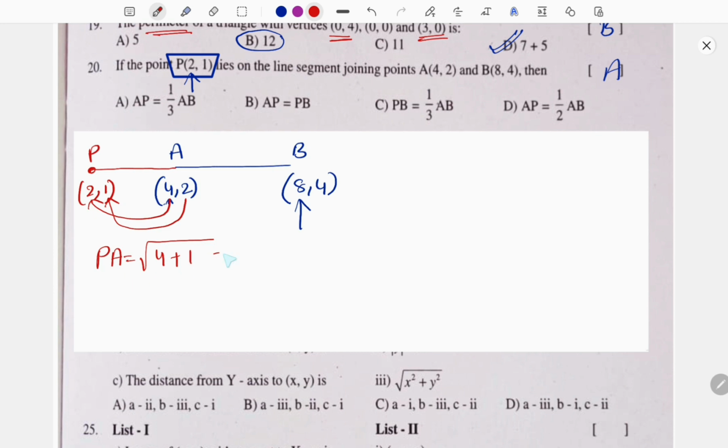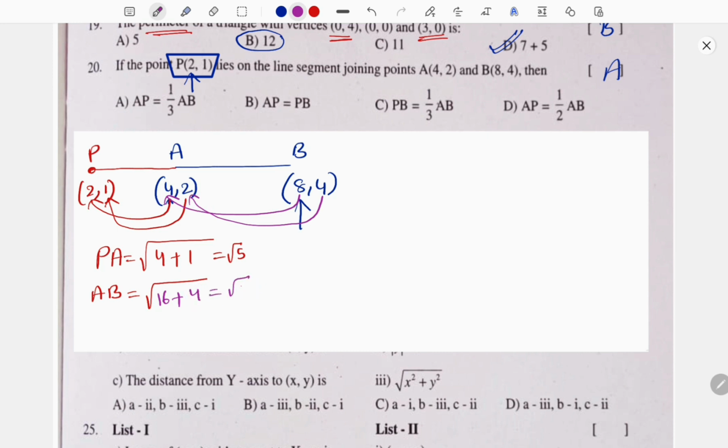So PA is equal to root 5. Now find AB. AB is equal to root of 8 minus 4, square is 16, plus y2 minus y1, 4 minus 2, square is 4.